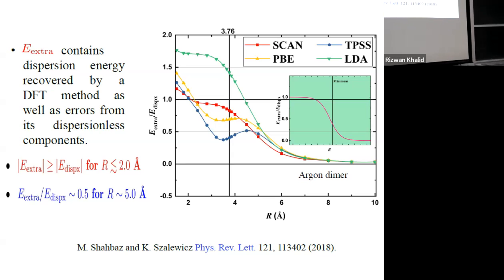So what appears to be the recovered dispersion energy is actually about 40% more here, about 25% more here, and about 20% more here. So the behavior of this E extra shows that it does not have only dispersion contributions. It has contributions from other errors which need to be corrected.